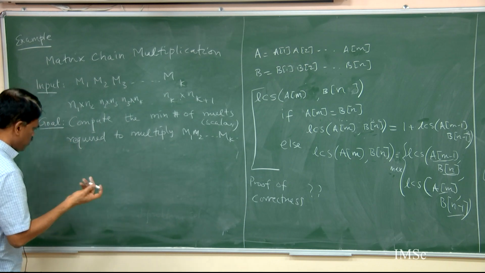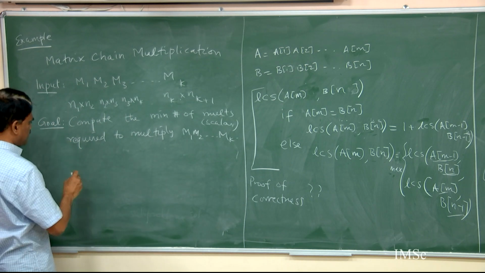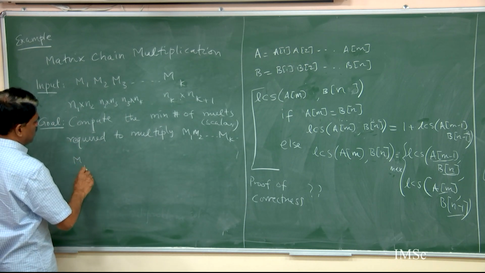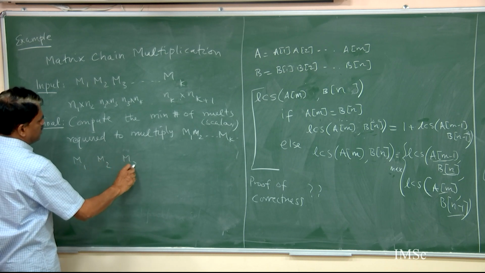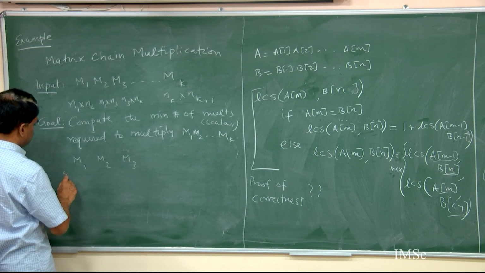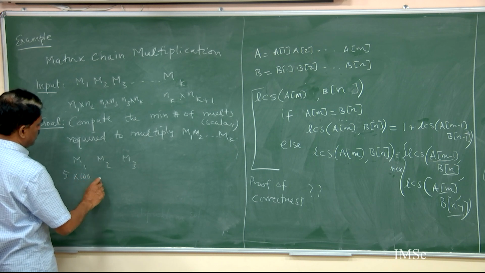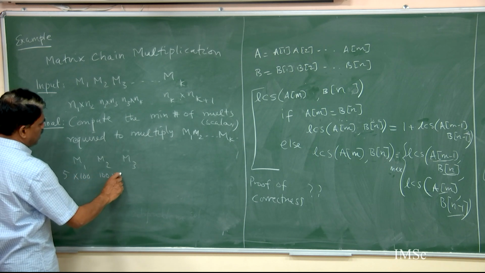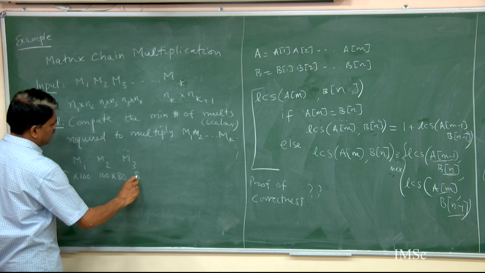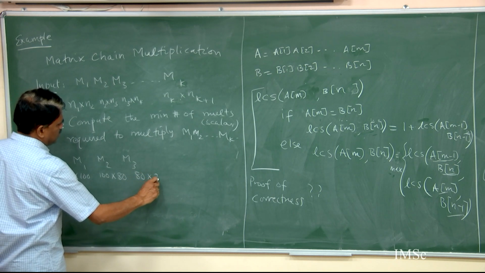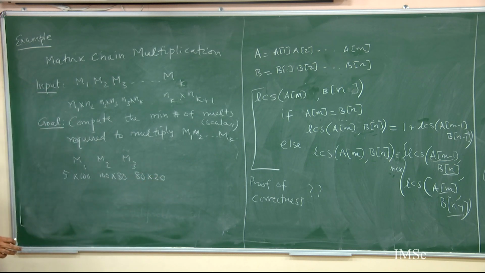Okay, what do I mean by this? Let's say you have matrices M1, M2, M3, and M1 is of dimension 5 by 100, M2 is 100 by 80, and M3 is 80 by something. Matrix multiplication is associative, right?